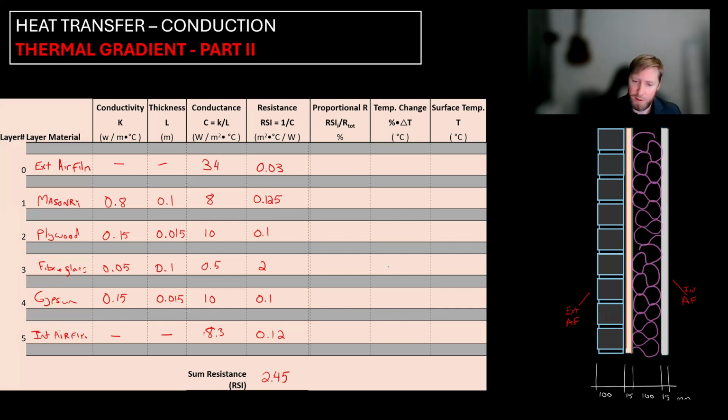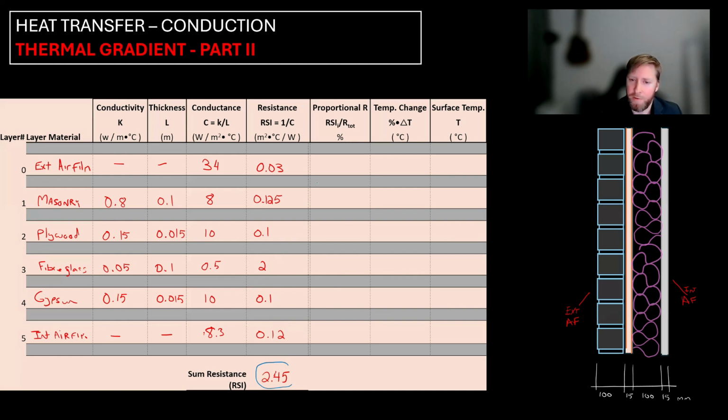So remember that our total thermal resistance was 2.45. Of this 2.45, we actually see that the fiberglass batt was responsible for 2.0 of that RSI. So the majority of that thermal resistance comes from the fiberglass layer.